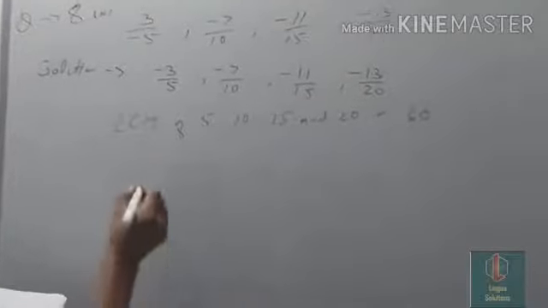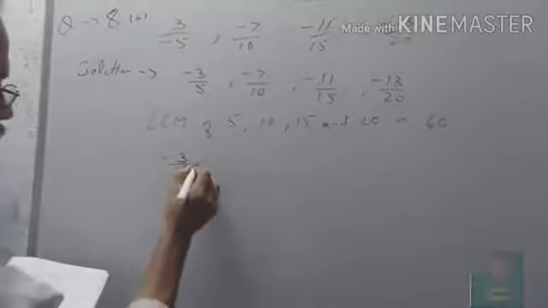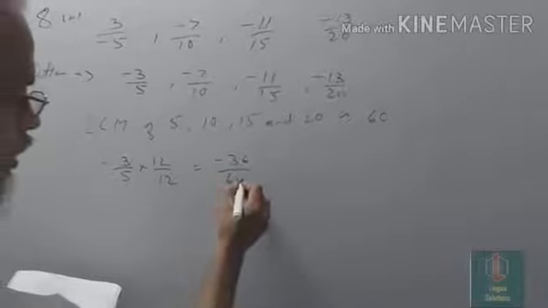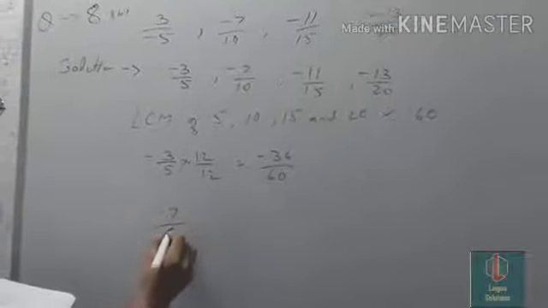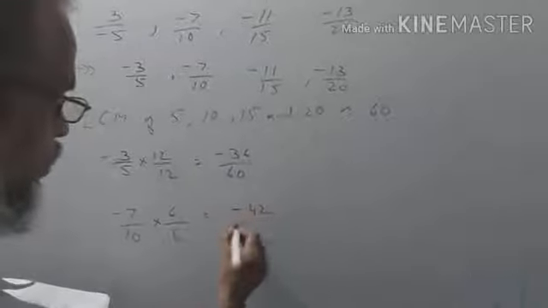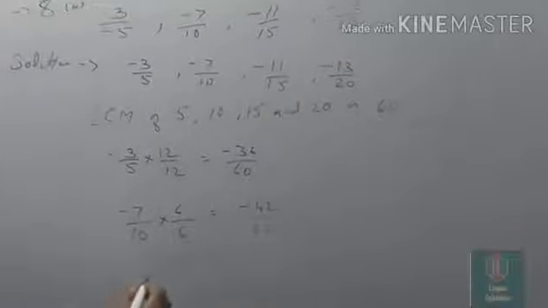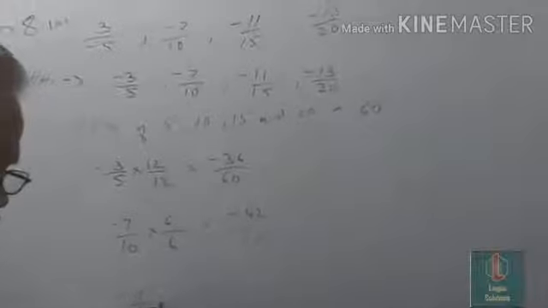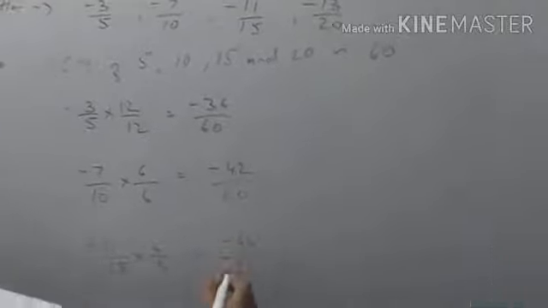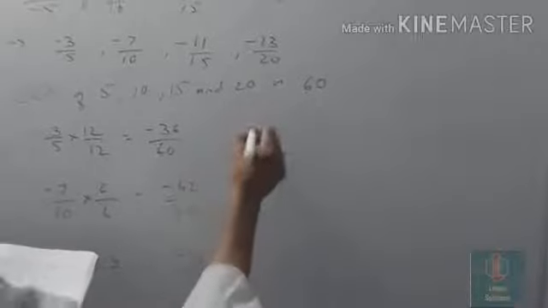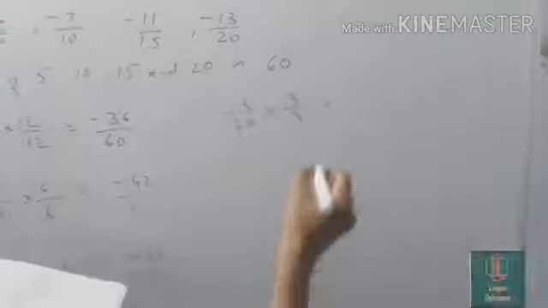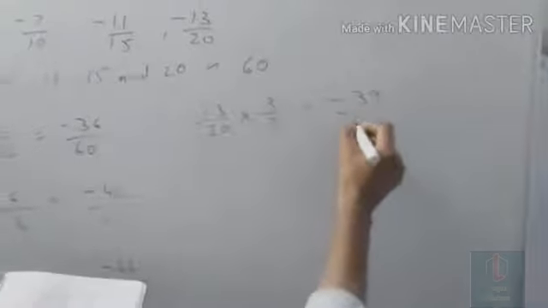So now the terms will be minus 3 by 5 into 12 by 12 is minus 36 by 60, minus 7 by 10 into 6 by 6 is equal to minus 42 by 60, minus 11 by 15 multiplied by 4 is equal to minus 44 by 60, minus 13 by 20 into 3 by 3, we get minus 39 by 60.